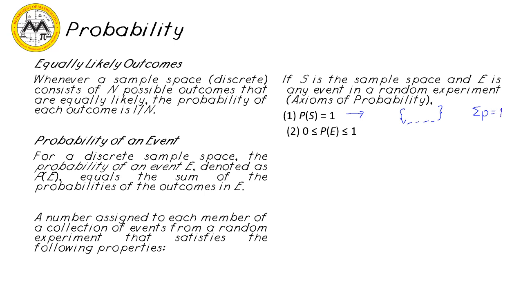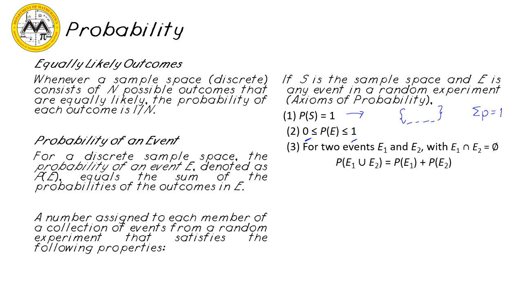And the probability of a certain event should range from 0 to 1. No negative probabilities and no probabilities greater than 1. For two events that are mutually exclusive, the intersection of event 1 and event 2 would be an empty set, such that the probability of event 1 union event 2 is the sum of their probabilities.